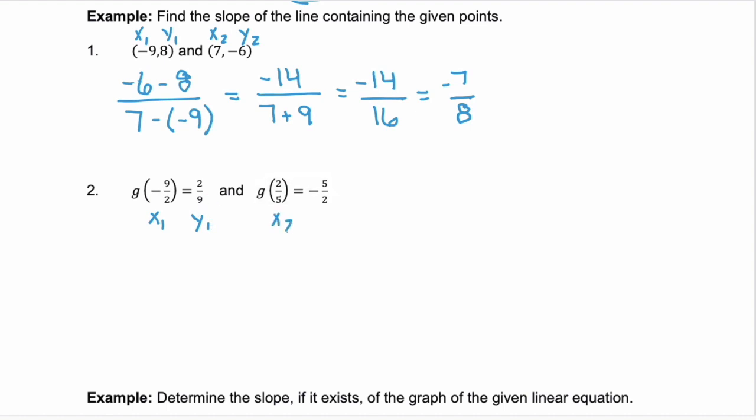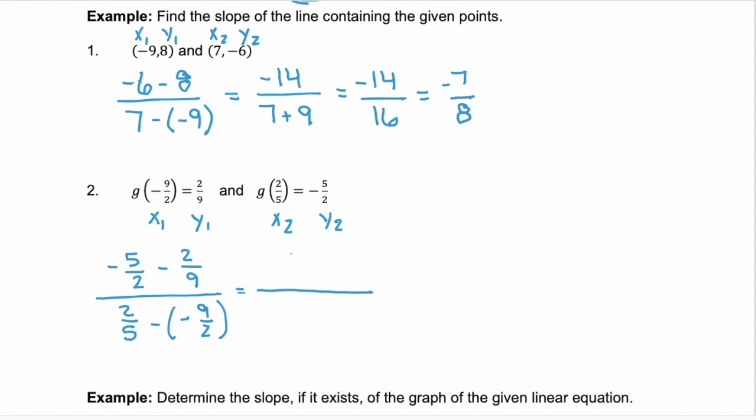And the same for the second function. So we know our x1 and y1 and x2 and y2, so we can plug those in. Negative 5/2 minus 2/9 over 2/5 minus a negative 9/2.